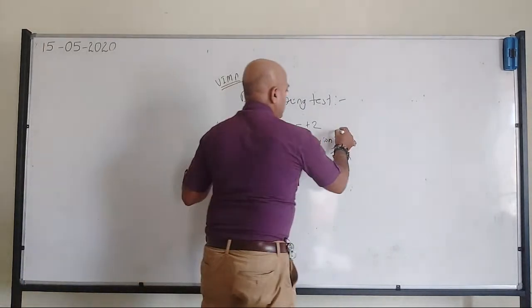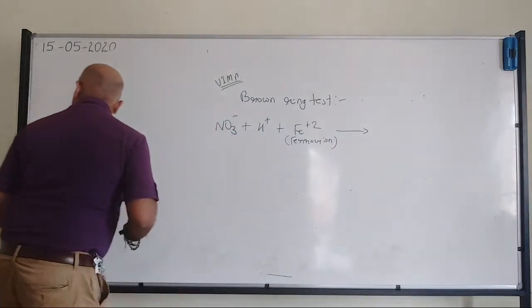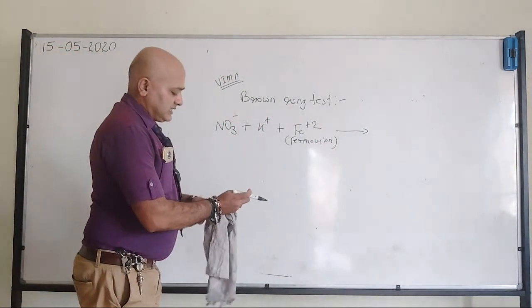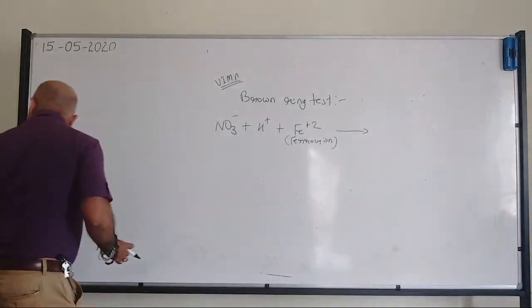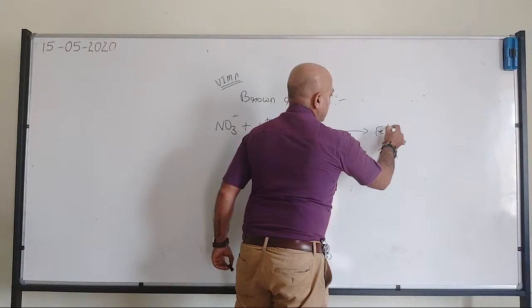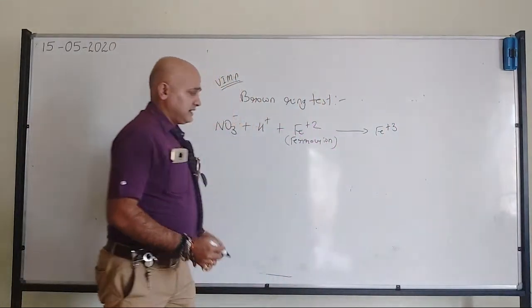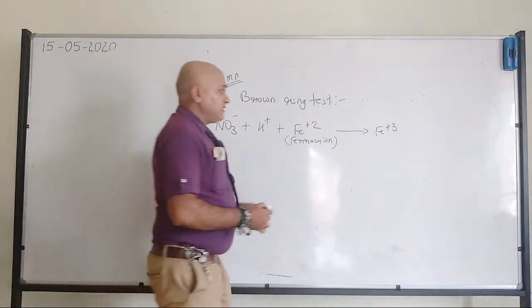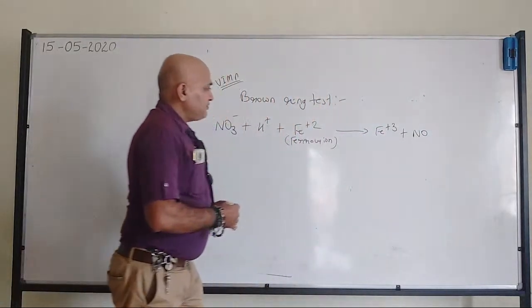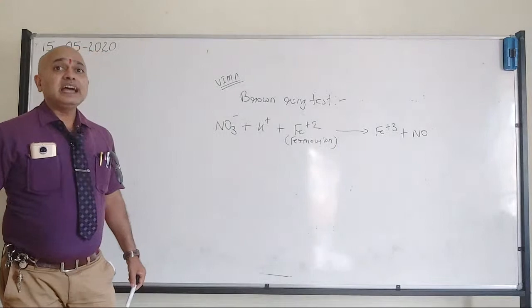Now nitrate, since it is an oxidizing agent, can oxidize ferrous to ferric, and itself it will get converted into nitric oxide.